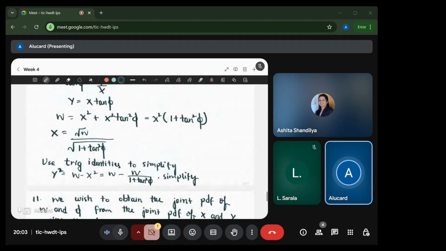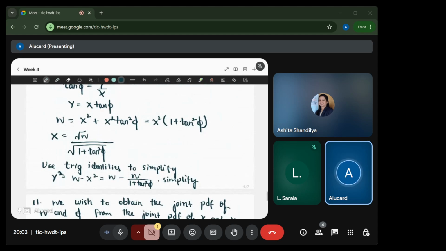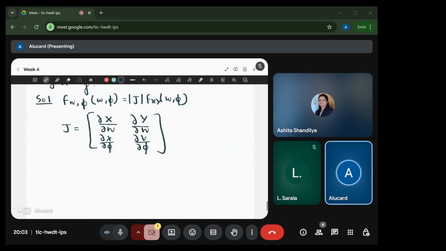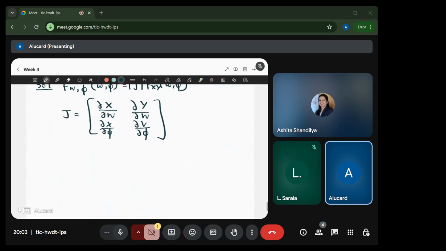So we have found x and y as x is square root of w times sine or cos phi. Whichever one you get, you have to simplify, and y is also something of the same form. I'll just do one example.